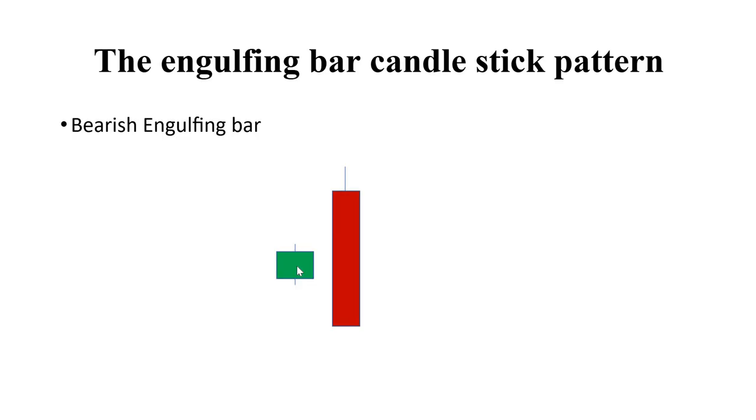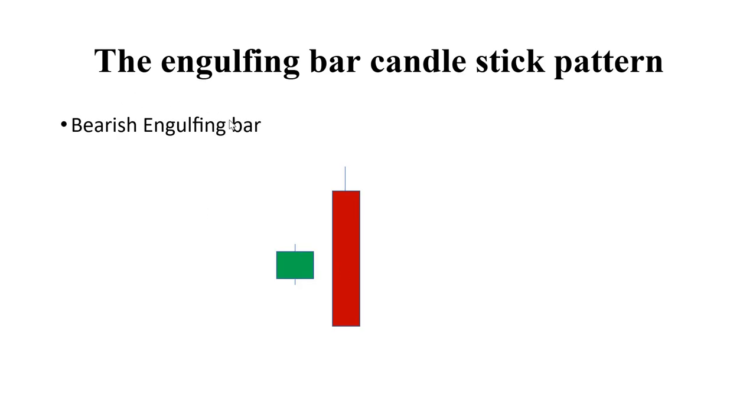Mostly we talk about two candles. The first candle in this pattern should be a candle with a short body. Then the next candle, which is the engulfing bar, should be a long bearish candle.